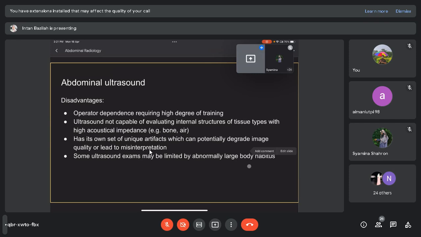So the image is not quite clear. But of course, if this patient has large body habitus, there is also very limited choice of imaging. For example, CT scan, there are certain limits to patient weight. And furthermore, MRI, you can see the gantry is very small, so only a limited weight of patient can go inside.